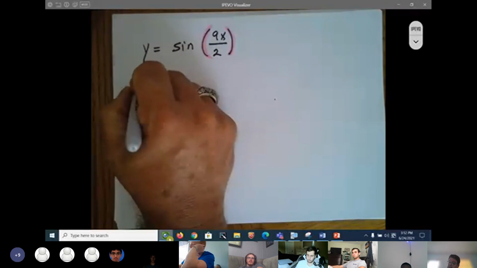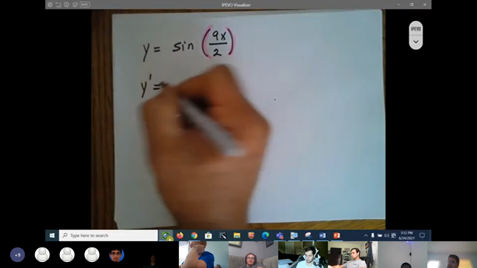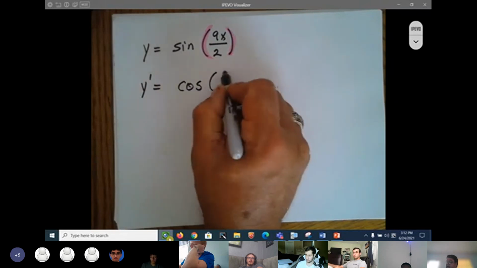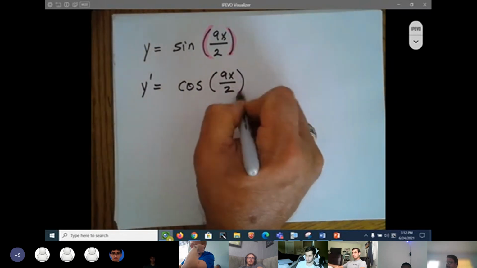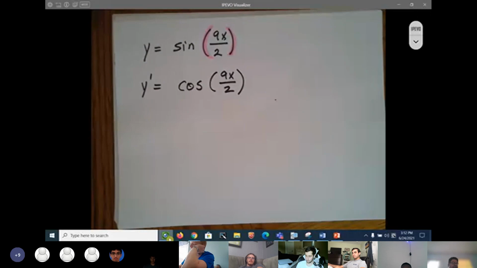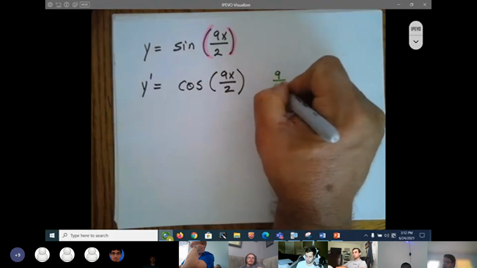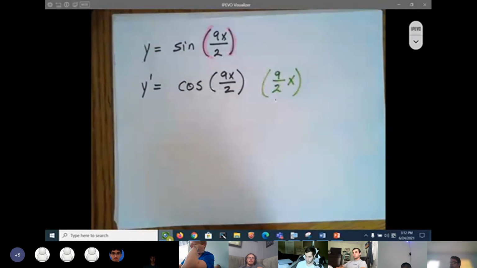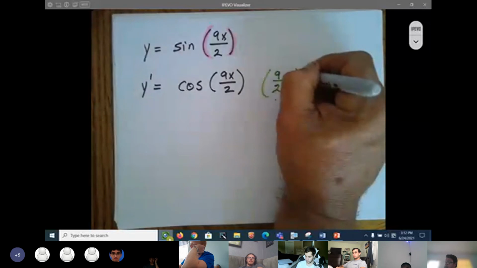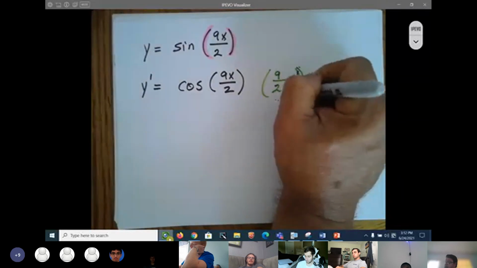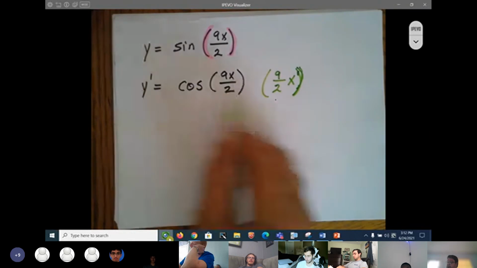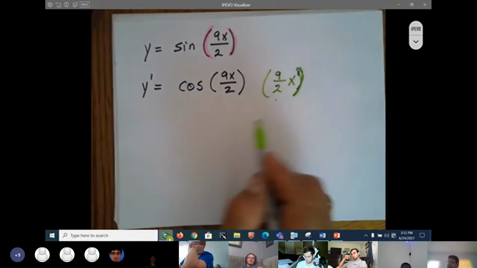So y prime, the derivative of the sine is the cosine of 9x over 2. But now we got to take the derivative of 9x over 2, or 9/2 x, and that's to the first power. So 9/2 x would be 9/2.